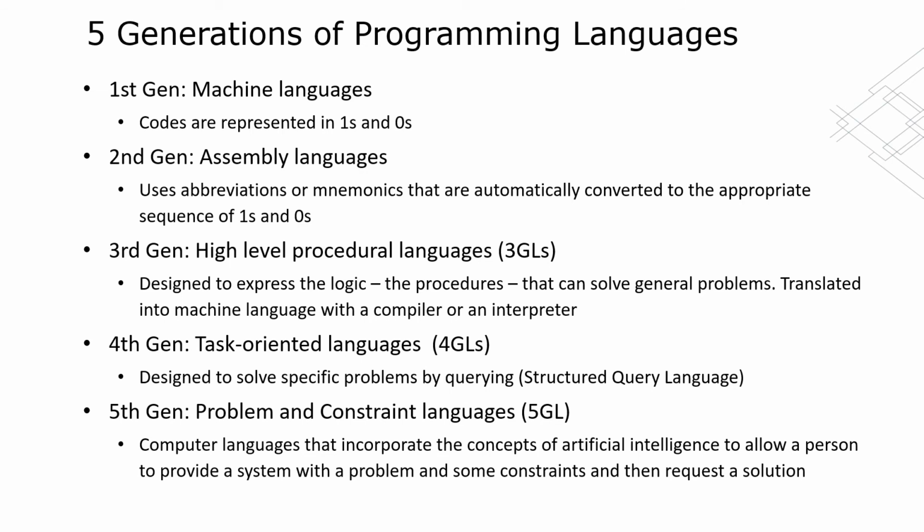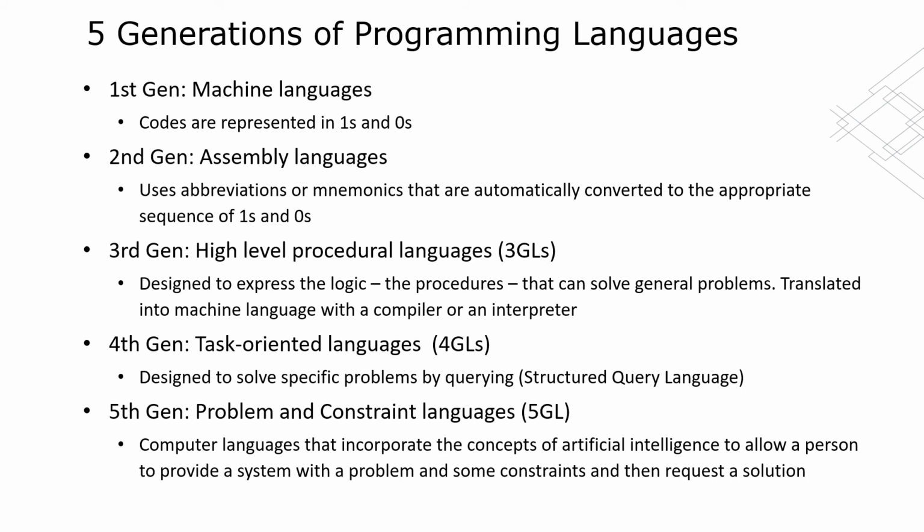The most famous one is called structured query language or SQL. And the last, the current or the fifth generation language is problem and constraint language, 5GL. This computer language incorporates the concept of artificial intelligence to allow a person to provide a system with a problem and some constraint and then request a solution.